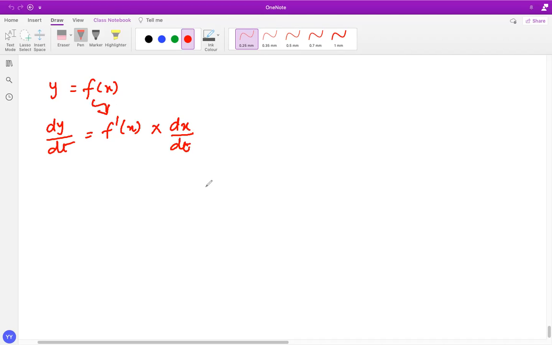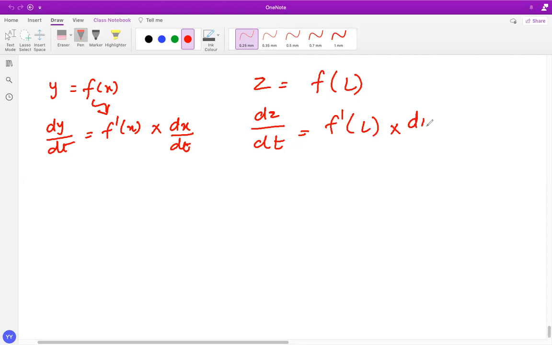I do the normal derivative and just multiply with the variable you're differentiating. If your variable is, let's say, z equals f of L, and you wanted to induce related rates, dz by dt will be f dash of L times dL by dt, because I differentiated L. So let's take some examples on this concept.